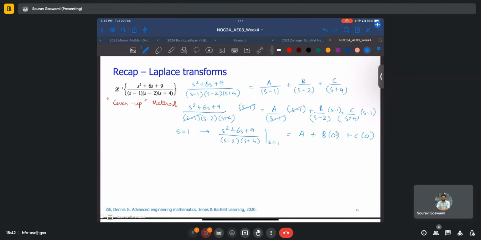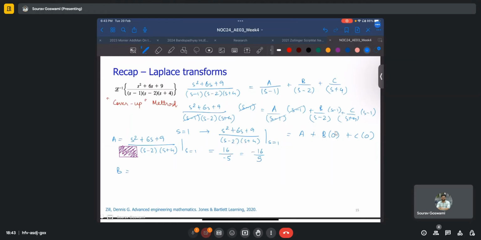So in general, we may calculate a as follows, and what we are really doing is, there was this other term here, s minus 1. It's like we covered it up and put s equals 1, and that is why the name of the method. And this will come out to be 1 plus 6, 7, 16 by minus 5, or minus 16 by 5.